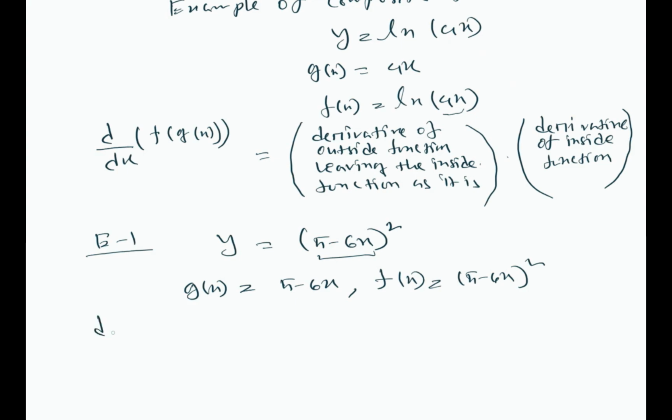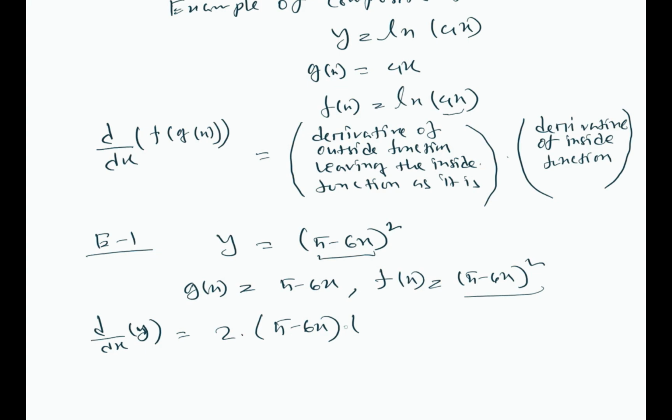Okay, so the derivative of this y, d/dx of y, is equal to, first we need to differentiate the outer function. So this is the outer function, and here we have a power, so we need to apply the power rule. So 2 times, we need to leave the inner function as it is, so (5 minus 6x), and 2 minus 1 is 1, we don't need to write this.